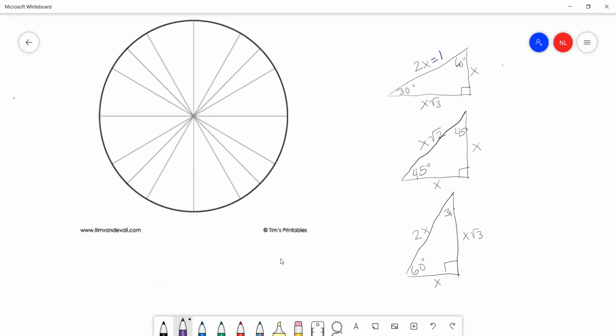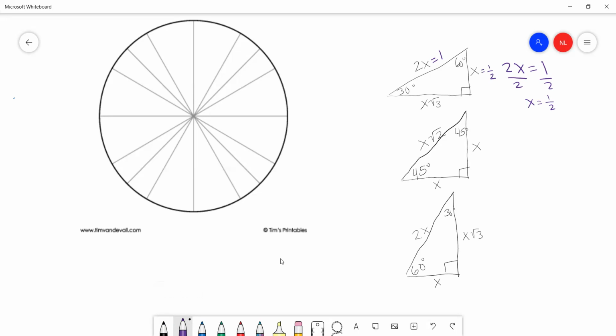You could solve this algebraically. Say 2x equals 1. How do I solve for x? Divide both sides by 2, and I get x equals 1/2. So that makes sense. My short side length is 1/2, and my hypotenuse has to be twice that, which is 1.